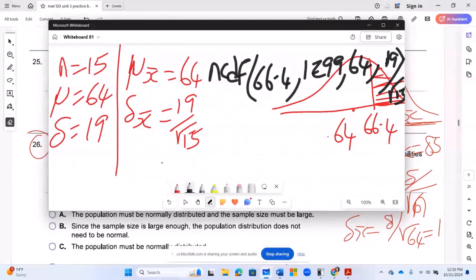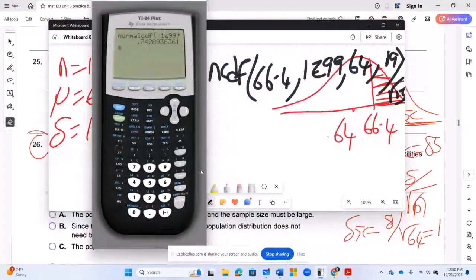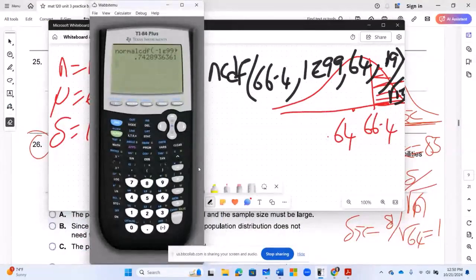I will pull my calculator up and find area to the right of 66.4. So I'm going to clear and go back to second distribution, number 2. The lower bound is 66.4. The upper bound is positive infinity, 1e to the power 99.